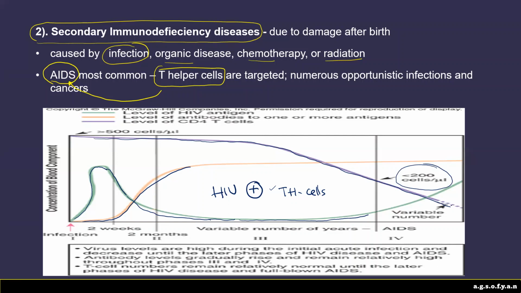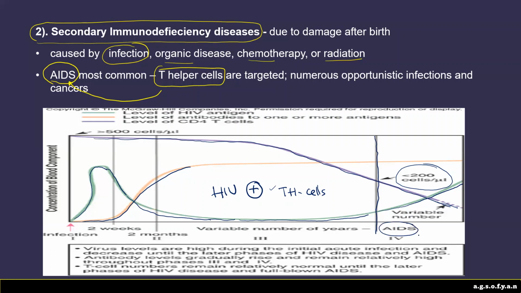Then the HIV virus will increase again when the T helper is really low. And this is the limit when that person becomes AIDS.